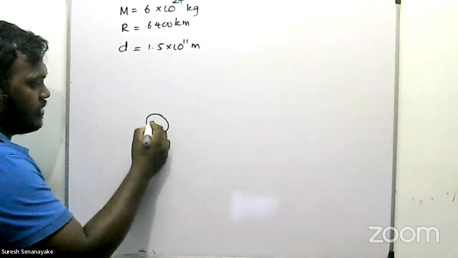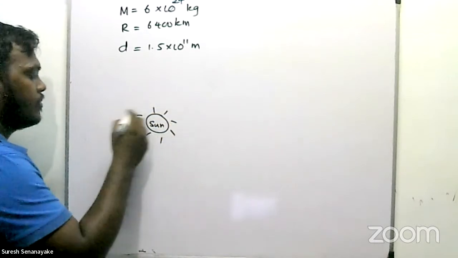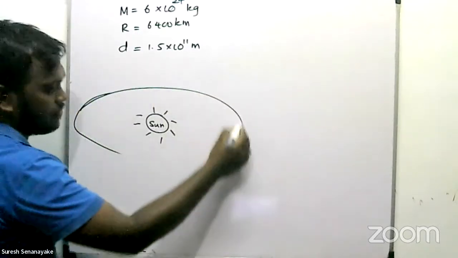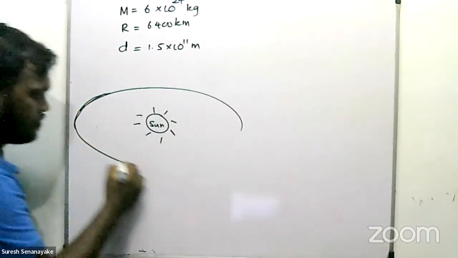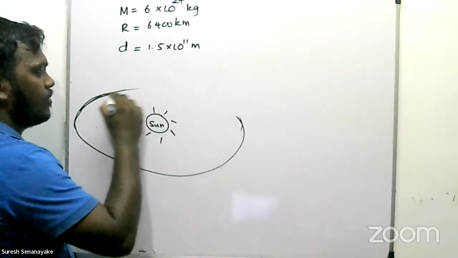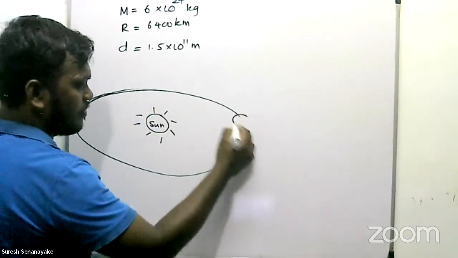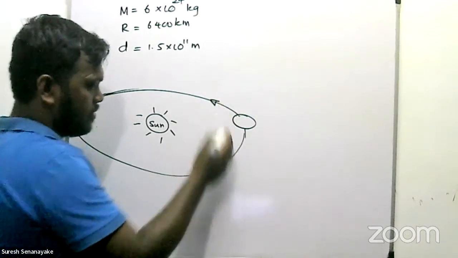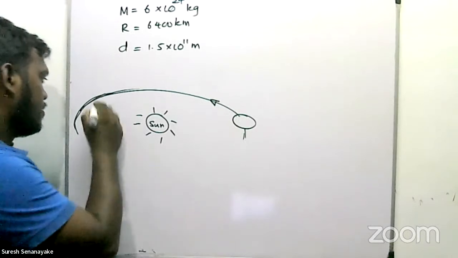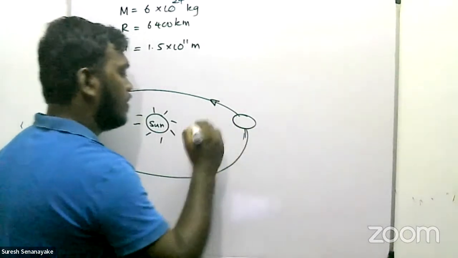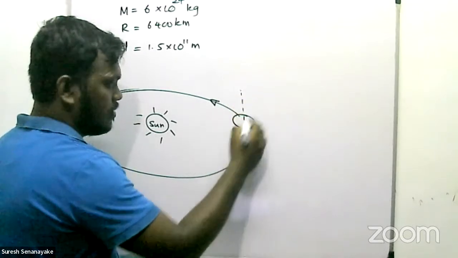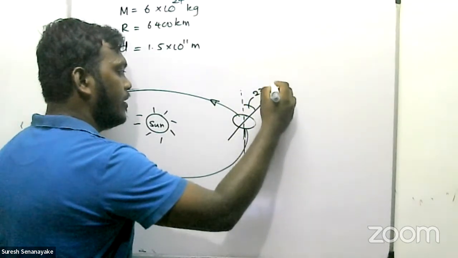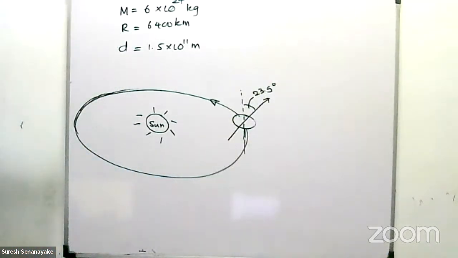Draw the picture. Figure: this is the Sun, and this is the Earth. The Earth is rotating about its axis, which is tilted at 23.5 degrees, right?